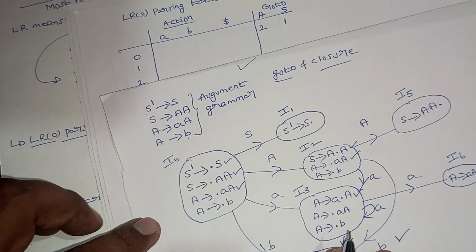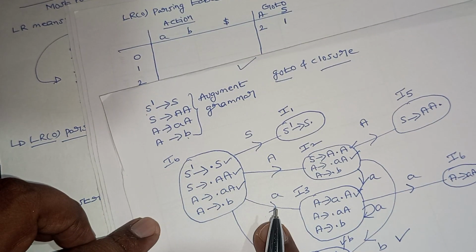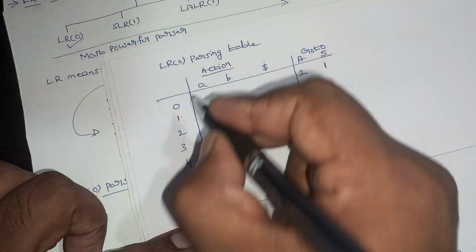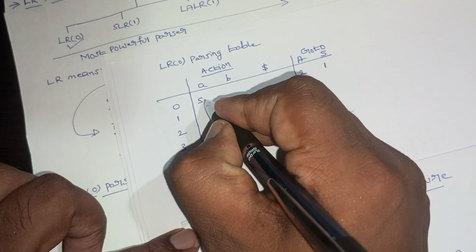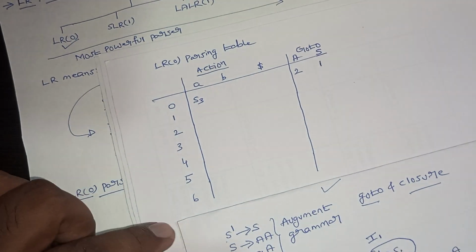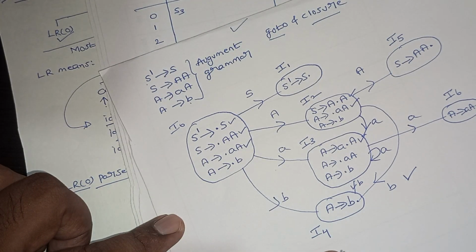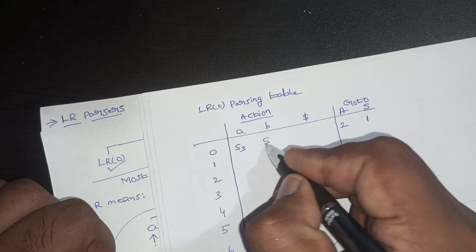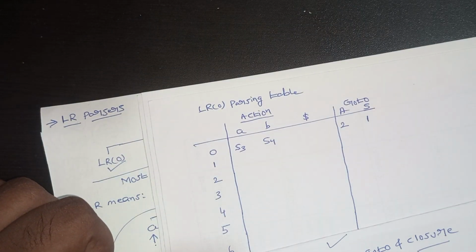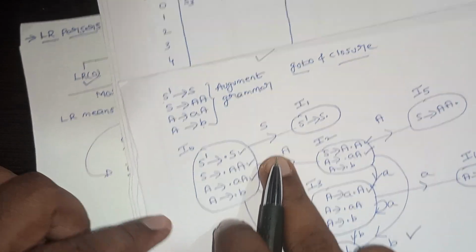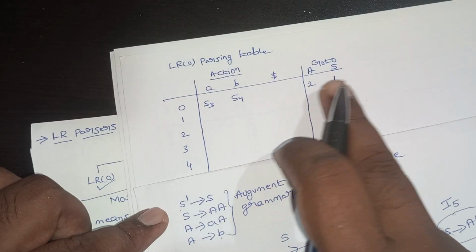Now what about small a? I0 on small a, where am I going? To I3. You write S3 here. Next, I0 on b, where am I going? To I4, means S4. Whenever there is a capital letter, I'm writing numbers like 2, 1.